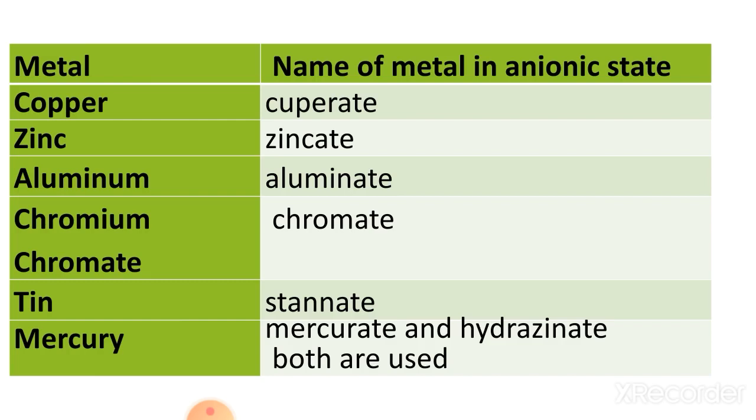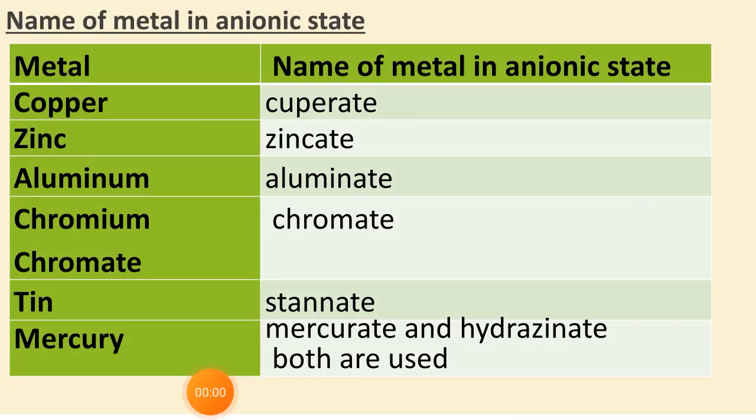So now look here at the name of a metal in its ionic state. How can you write the name of metals in the anionic state? If copper is given, you have to change it in case of anion: copper into cuprate, zinc into zincate, aluminium into aluminate, chromium into chromate, tin into stannate. Mercury is mercurate, and hydrargentate is also used, so both are used in case of mercury.